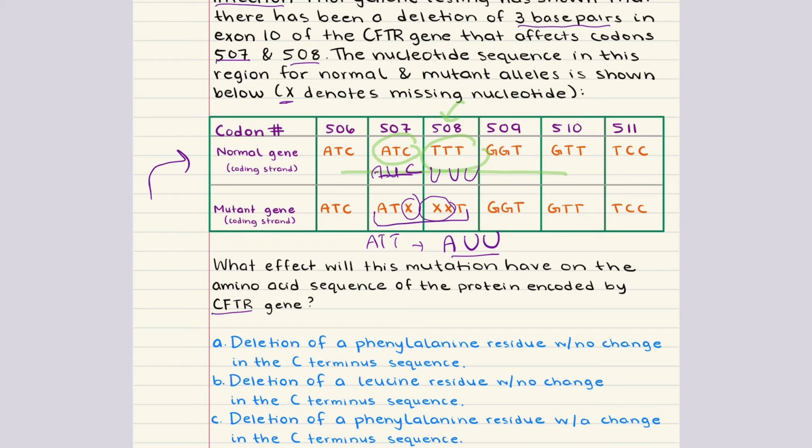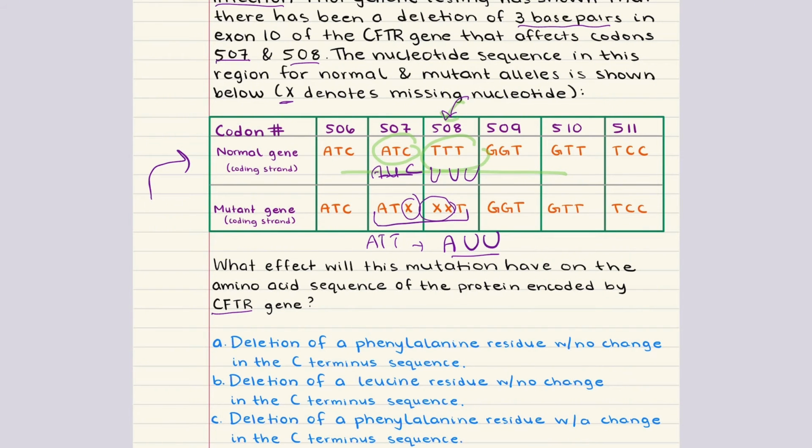The important part here is that exactly 3 nucleotides were deleted. And that means that one full codon is gone, but the reading frame is not disrupted. That's why the rest of the protein, including the C terminal end, is going to be translated just like normal. What we're going to lose is just this 508 codon, which codes for phenylalanine.